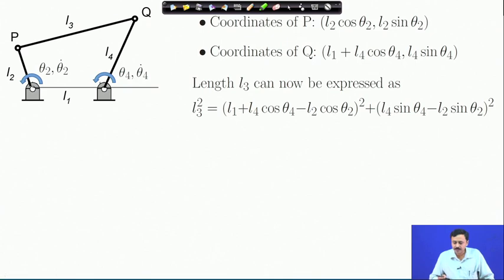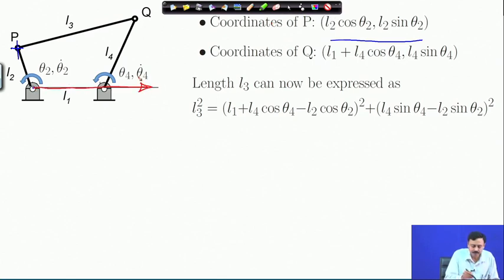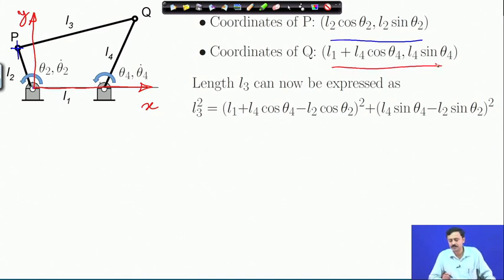We will begin with what we have already discussed before, the coordinates of point P. I can relate the coordinates of point P as I have written out for you: L 2 cos theta 2, L 2 sin theta 2. So, this is point P, and our coordinate frame is of course like this, which we have already discussed in displacement analysis. What we are following actually is from the displacement analysis problem.